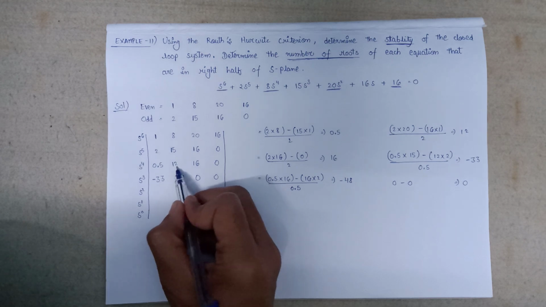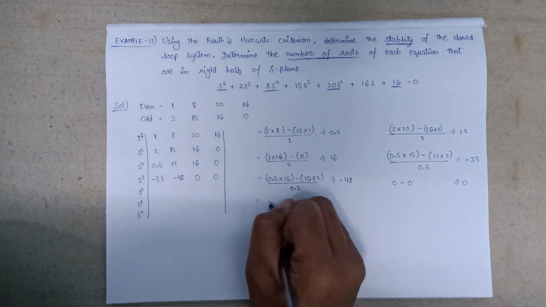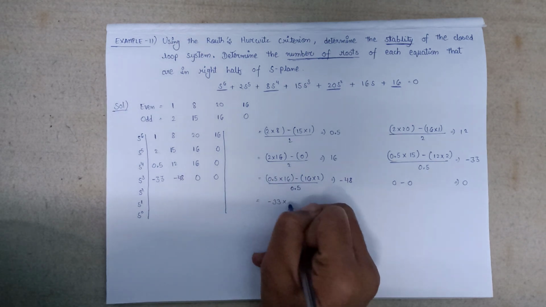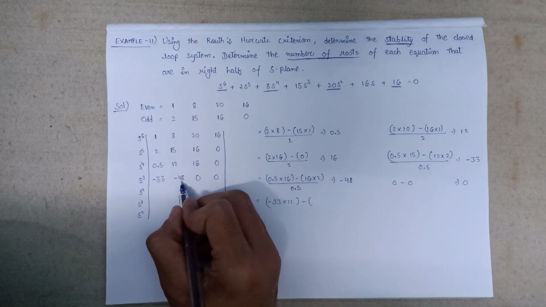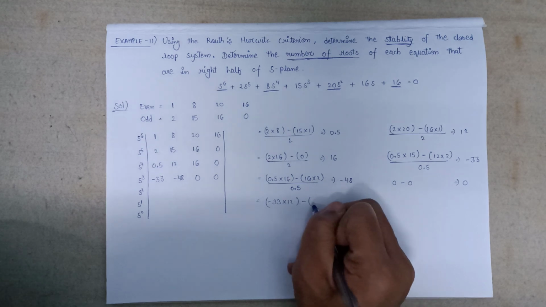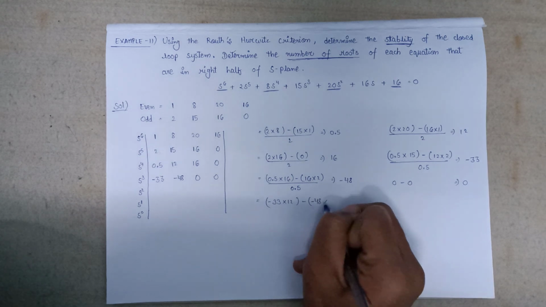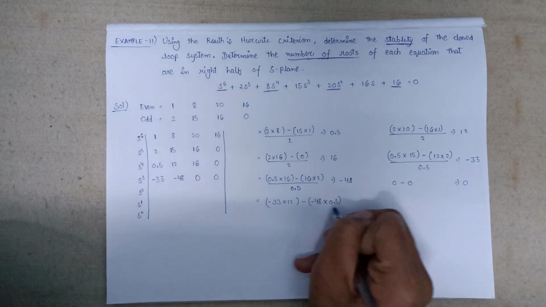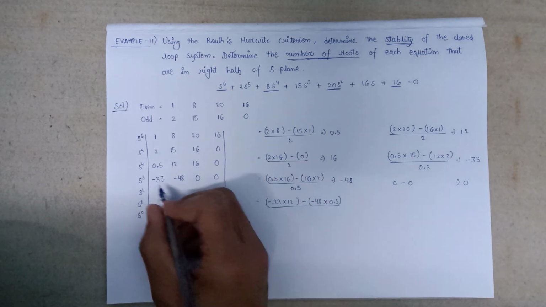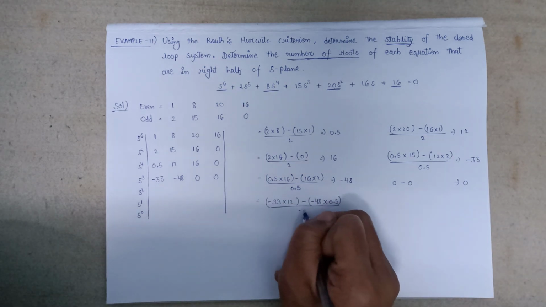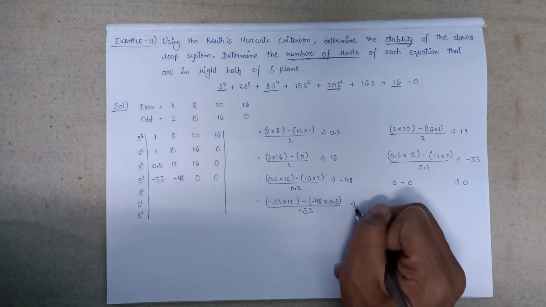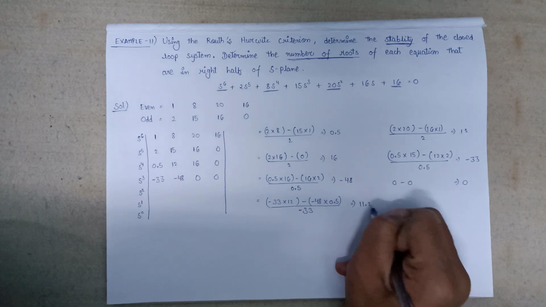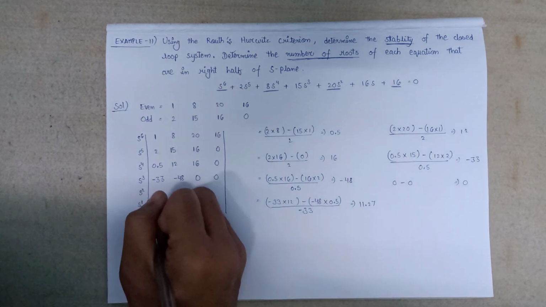Minus 33 multiplied with 12, minus 48 multiplied with 0.5, the whole term divided by minus 33. So we will get 11.27 as output.